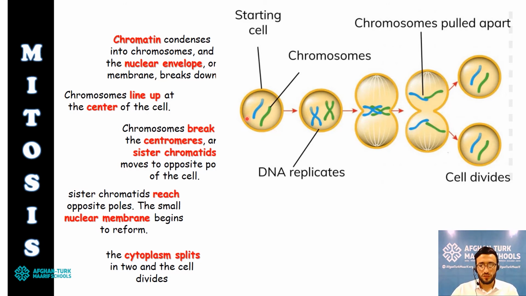From the starting point, when the process happens, chromatids are gonna condense into chromosomes. It means the tangled, spread out DNA molecule is gonna condense into visible structures that we know as chromosomes.